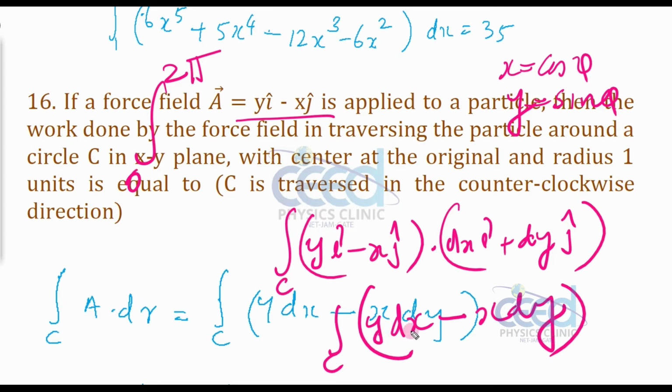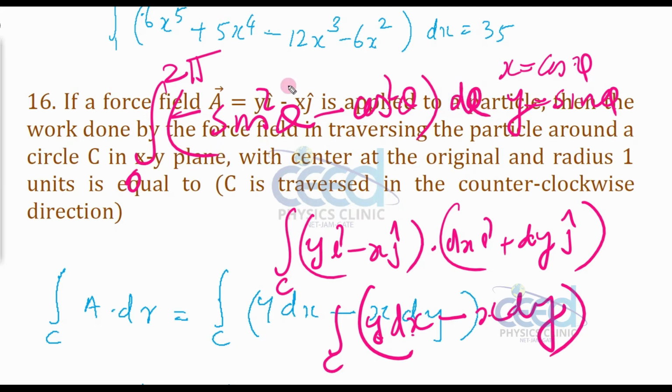So y dx. Here y is sin theta into dx, which is minus sin theta, so minus sin square theta will come. Plus here, sorry, it is minus x, that is cos theta into dy, which is cos theta, so cos square theta, and we can change to d theta.